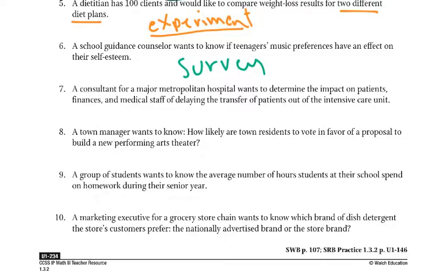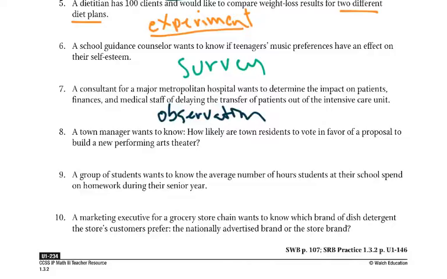So it might be better to do an observation, because people will be kept in the intensive care unit at different times, so you'll have that kind of automatically taken into account. And so being able to view how it affects people might be an easier way to get the information rather than doing an experiment.